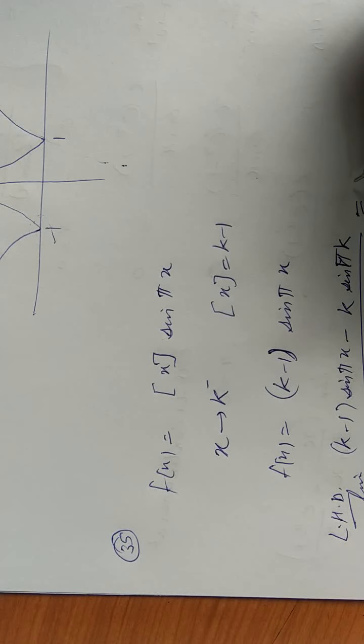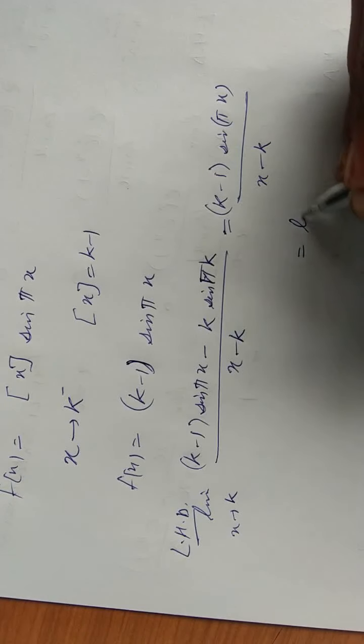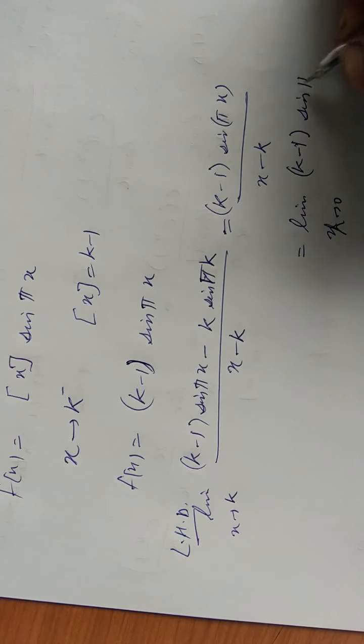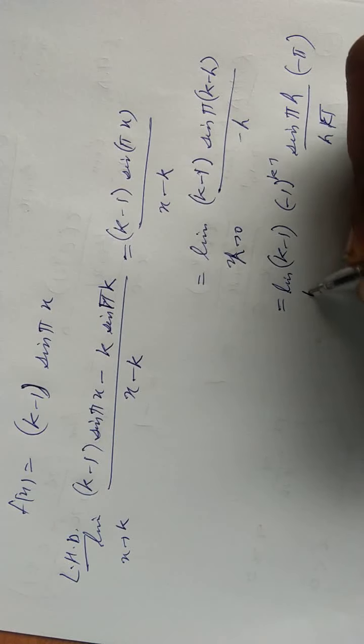It would be (k minus 1) sin(pi x) upon x minus k, and since sin(pi k) is equal to 0, let's reduce it to the limit tending to 0 form. h tends to 0, (k minus 1) sin(pi(k minus h)) upon minus h, which is (k minus 1)(minus 1)^(k minus 1) sin(pi h) upon h pi, multiplying and dividing by pi, limit h tends to 0.